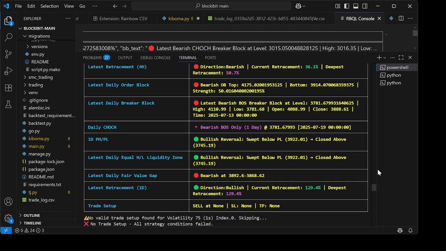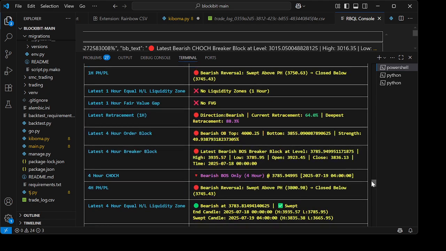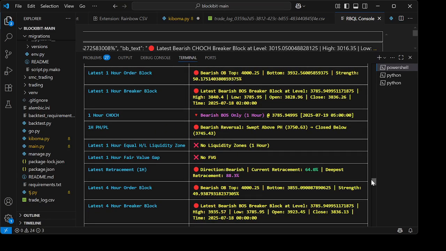For example, in this 1 hour order block, I have the bottom and the top, and the strength is 50.1. So basically I trade order blocks that are above 50.